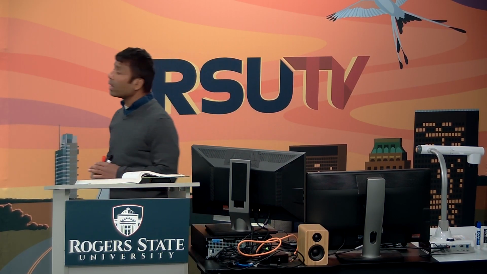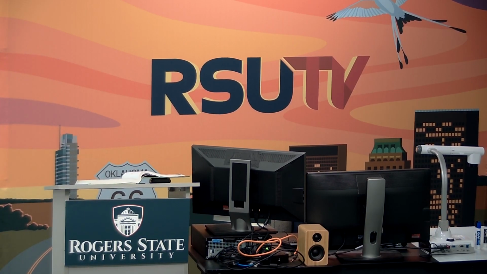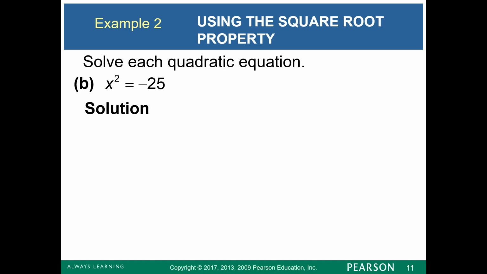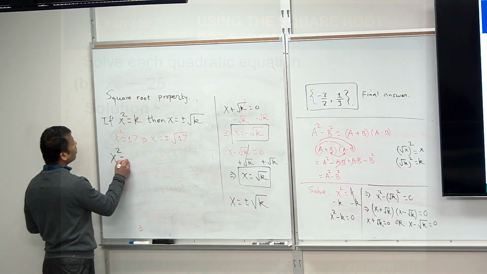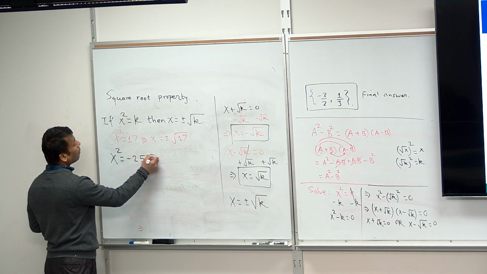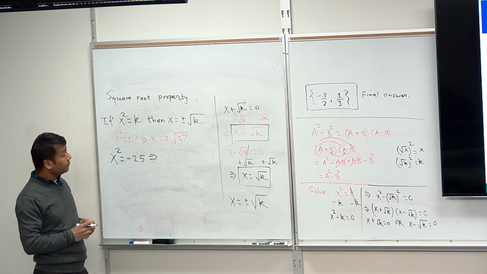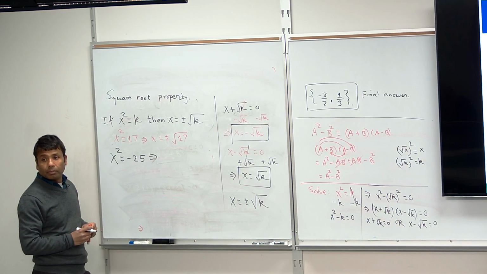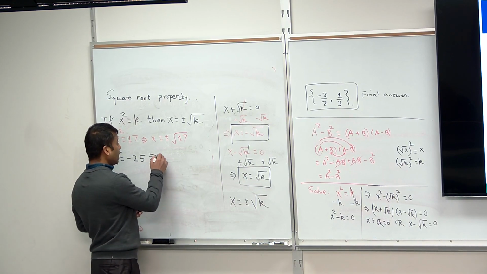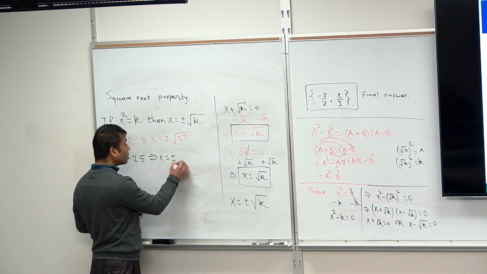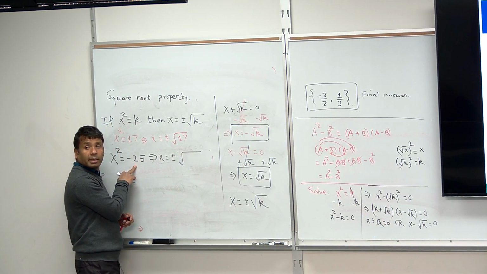So now, if you have x squared equal to negative 25, how do you find that? What are the values of x? x equal to plus or minus radical, what do you have here?